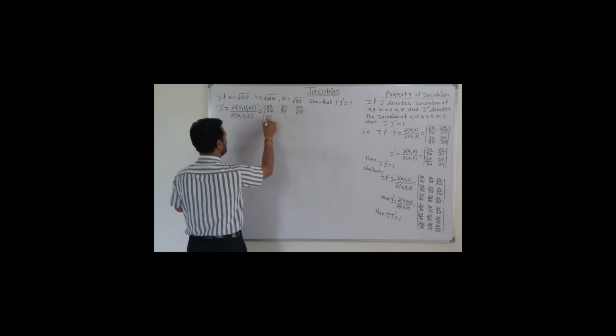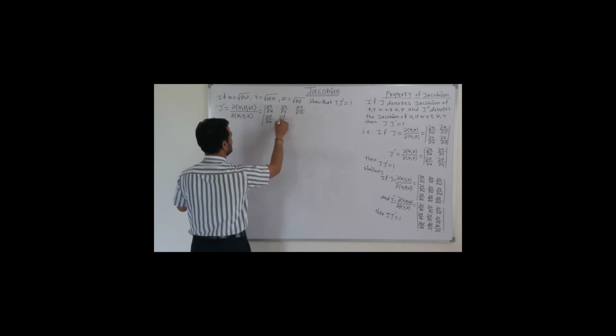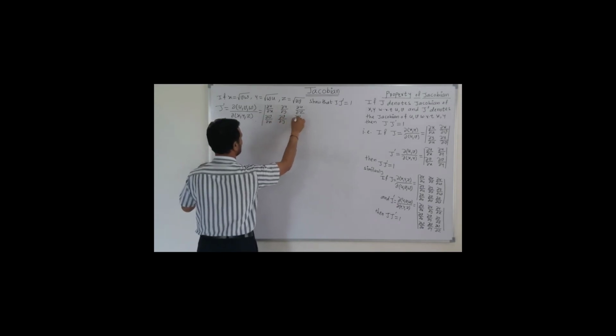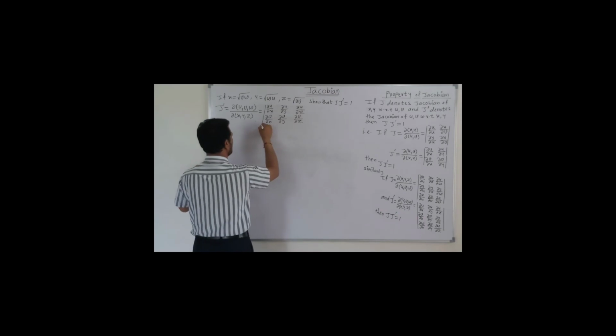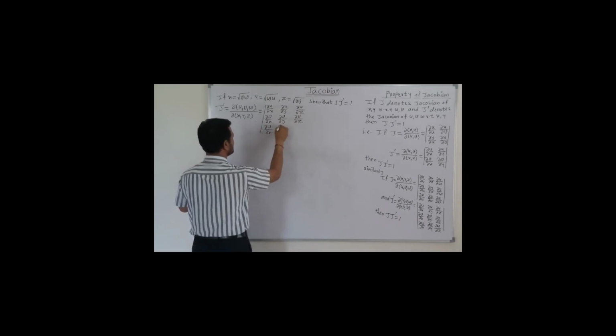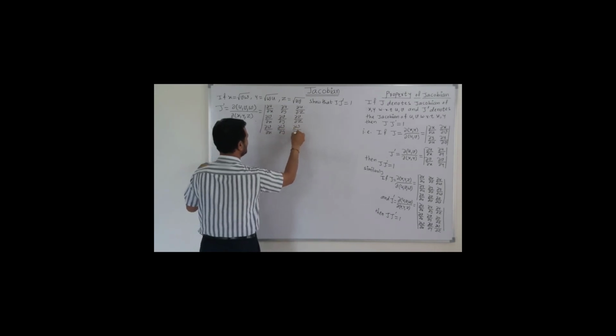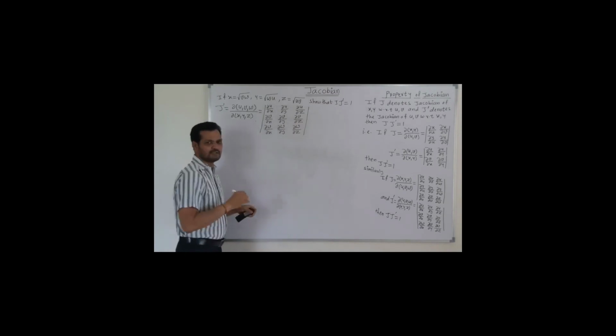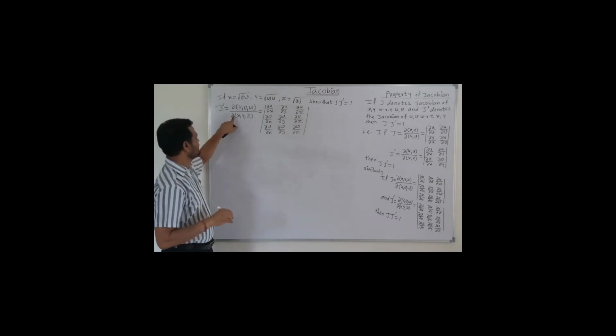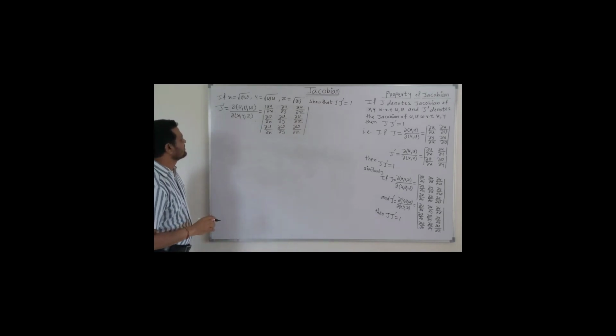Similarly, partial derivative of v with respect to x, y, z. Then partial derivative of w with respect to x, y, z. So this is the definition of J dash.